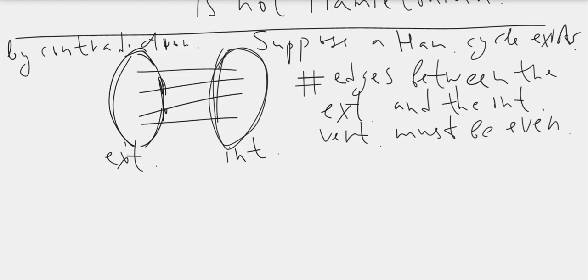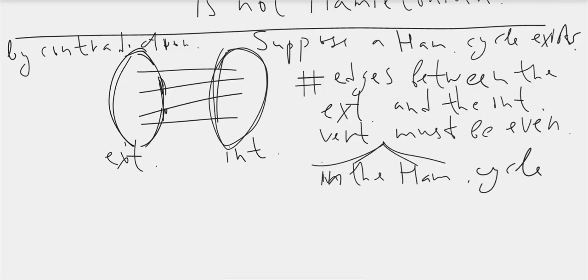I mean the number of edges between external and internal vertices belonging to the Hamiltonian cycle must be even.